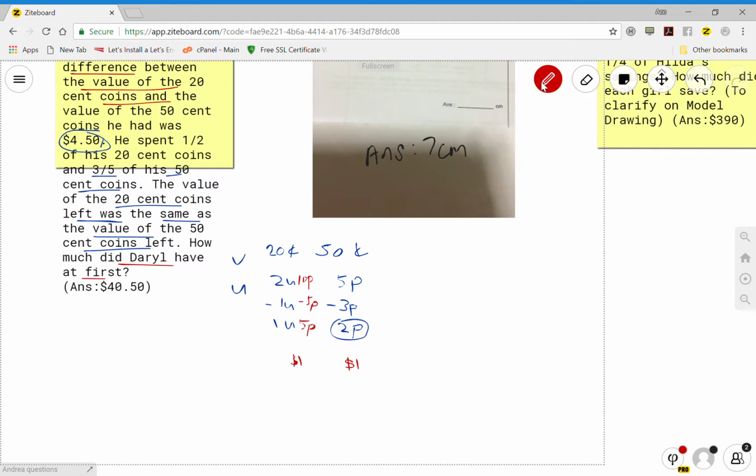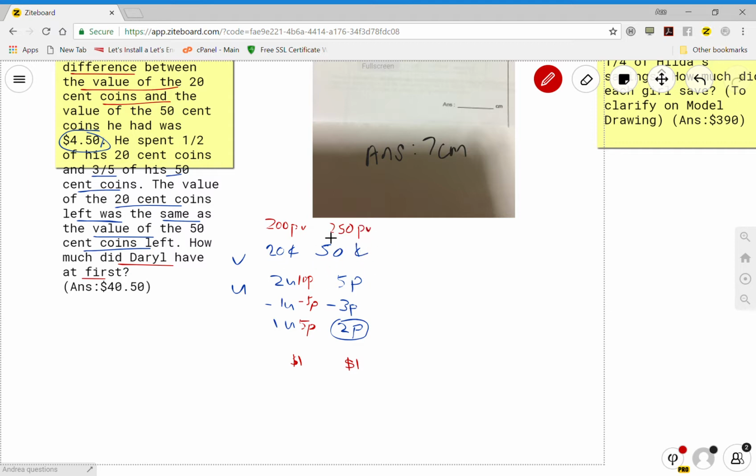Okay, so if I take 20 cent times this, I get 200 PV, and then 50 cent times this, 250 PV, right? Value times units, basically.